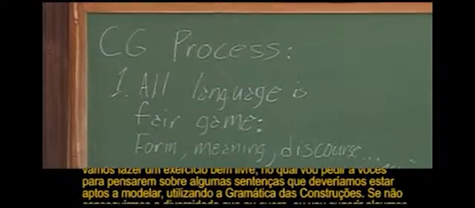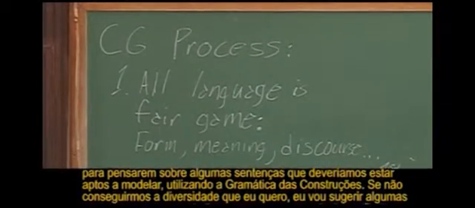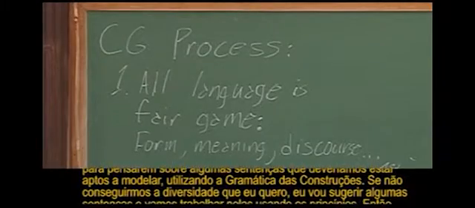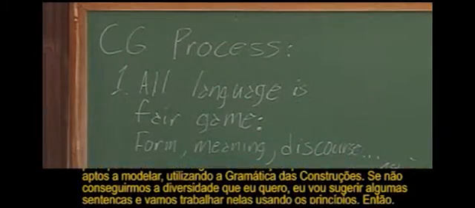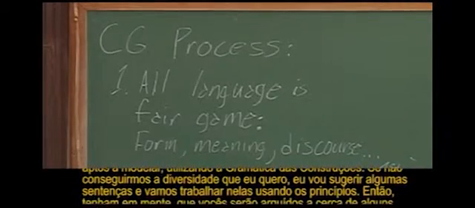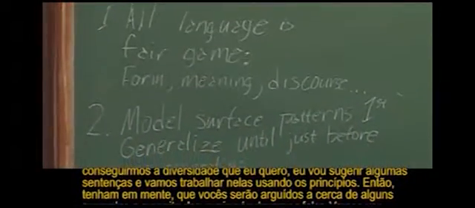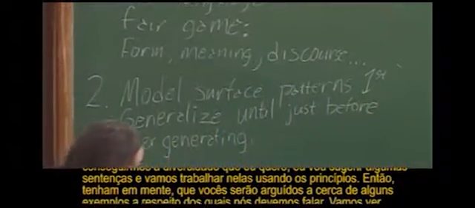And if I don't get the diversity that I want, I will suggest some sentences, and then we'll work through them using the principles, okay? So keep in mind, you're going to be asked for some examples that we should talk about. Okay.